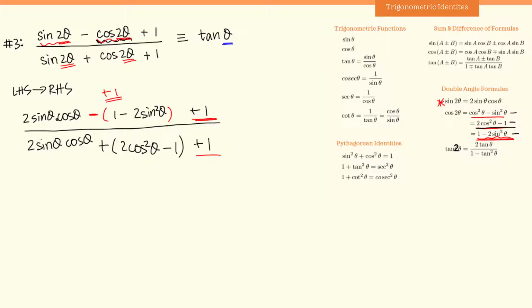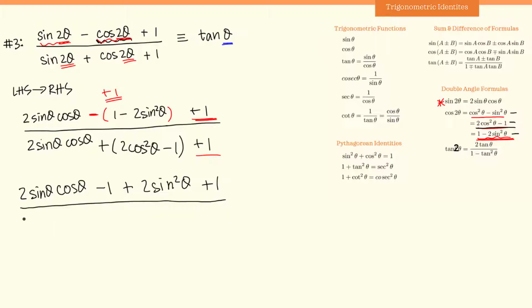Let's simplify this fraction now. This becomes 2 sine theta cosine of theta. Minus times positive 1 would give me minus 1, and minus times minus 2 sine square theta would give me positive 2 sine square theta plus 1, divided by 2 sine theta cosine theta.